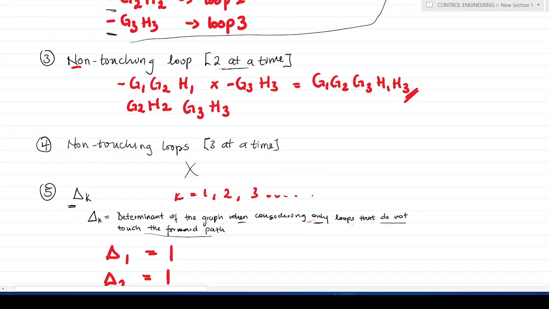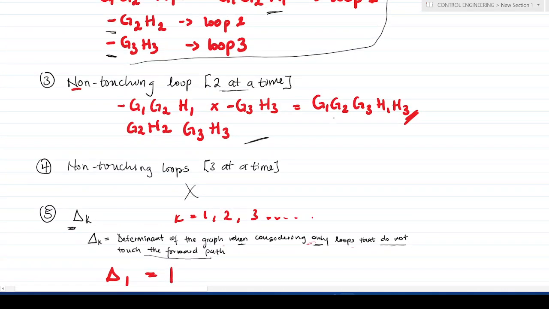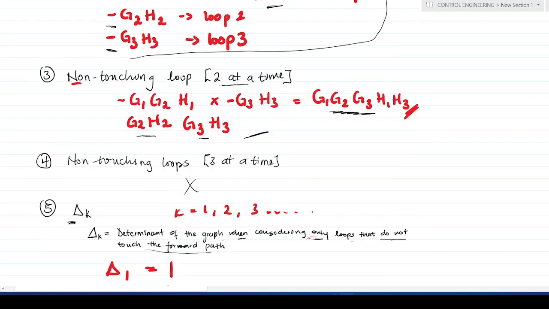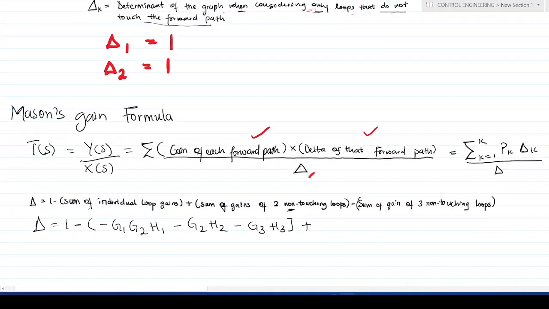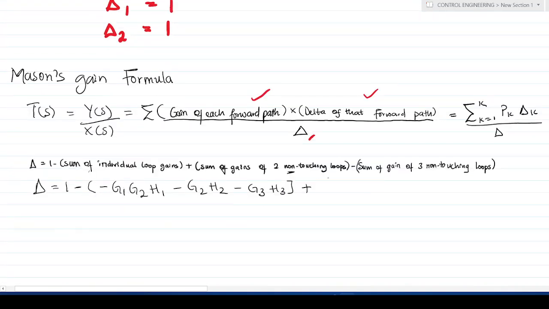Let's look at that. What did we get? We got G1, G2, H1, G3, H3, and G2, H2, G3, H3. Let's write that out here.